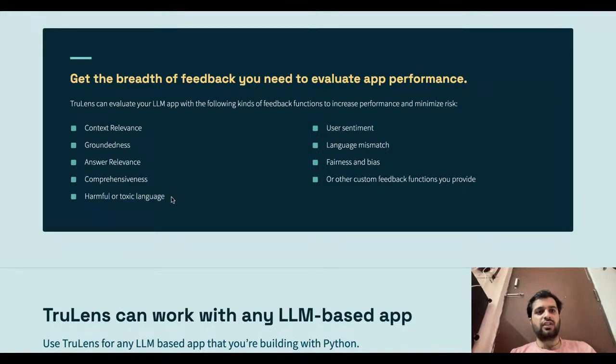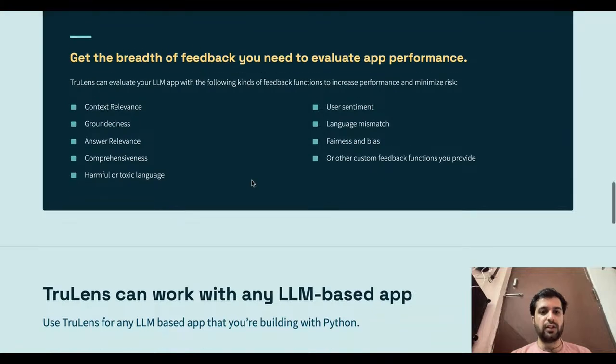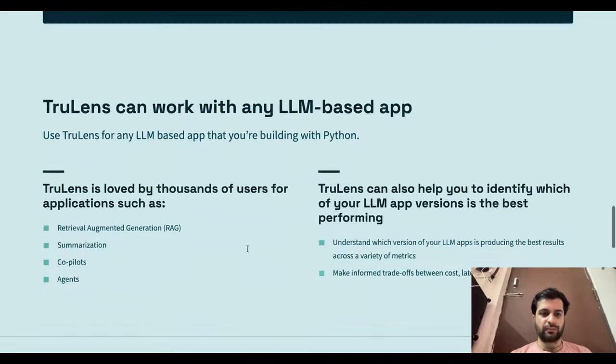Toxic language, because this is generative AI, so you cannot predict what you will get. So we have to make sure there is no harmful or toxic language. Then user sentiment, language mismatch, and fairness and bias: there should be no bias in the system. We have to take care of all these things while working on evaluation.